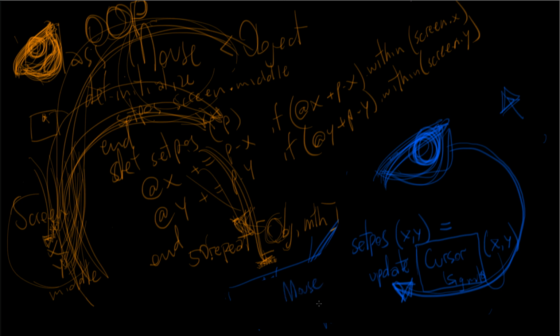So there's a mouse signal that gives the position, and you put set position inside, right? So now set position is inside the mouse signal, and it's reading the mouse signal. So every time the mouse updates its signal, the Oracle will do whatever set position says. And set position says, divide the values by 100, which I keep forgetting to do, and then update the cursor position with those values.